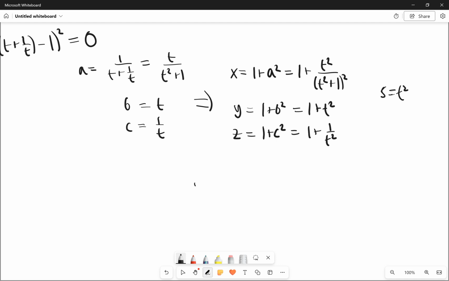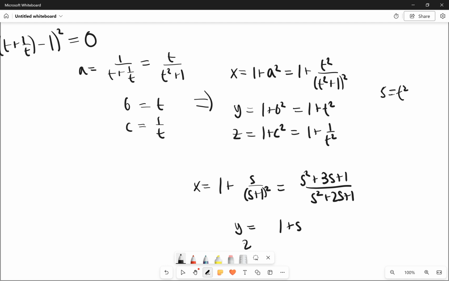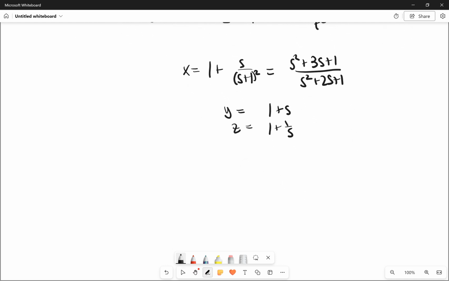And we get that x is equal to 1 plus s over (s plus 1) squared, which is equal to (s squared plus 3s plus 1) over (s squared plus 2s plus 1). And y is equal to 1 plus s, z is equal to 1 plus 1 over s. And this is our solution set. For all s greater than 0, we have the following solutions, because 1 over s is otherwise not defined.